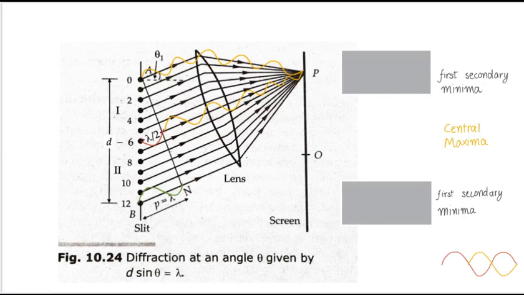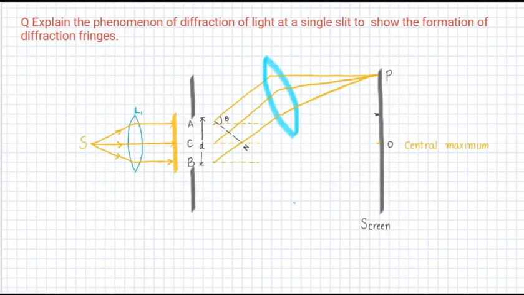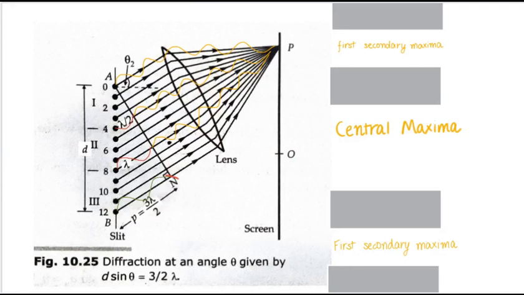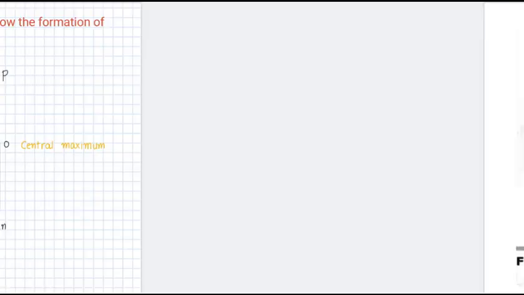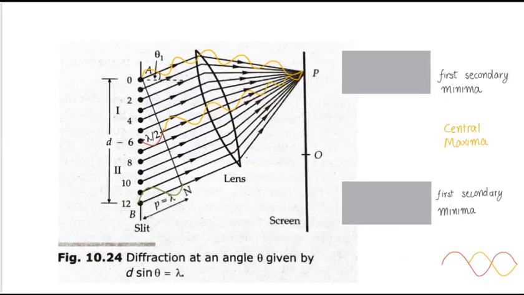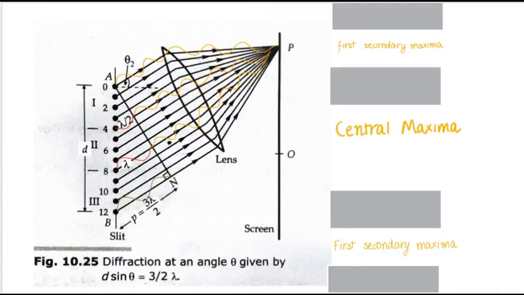First, we will derive the equation of this path difference for your destructive interference as well as your constructive interference. Then we will find the position of your secondary minima and your secondary maxima. Fine.